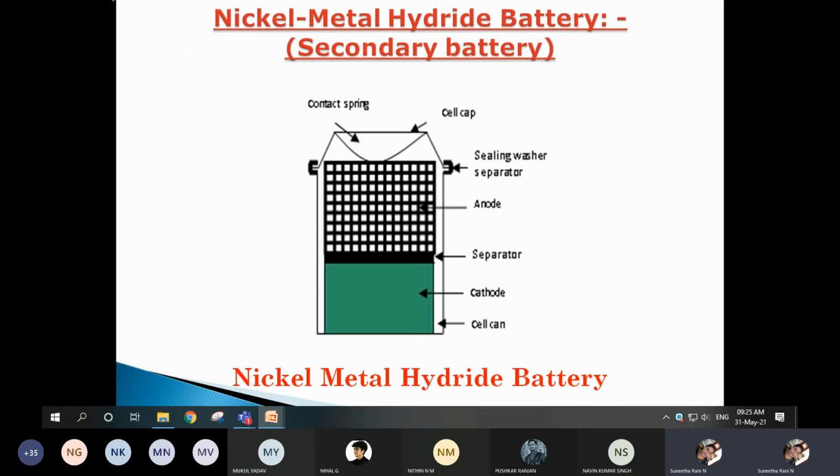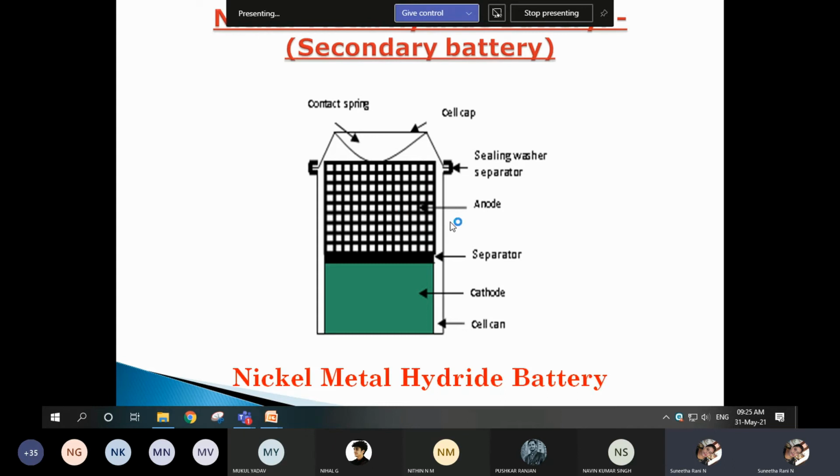Now come to the construction. Here you can see the porous sheets on top. These porous sheets are the metal hydride, which is the anode. It contains an alloy metal and the hydrogen ion, H plus.